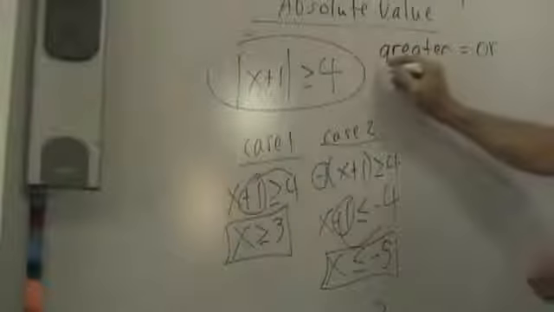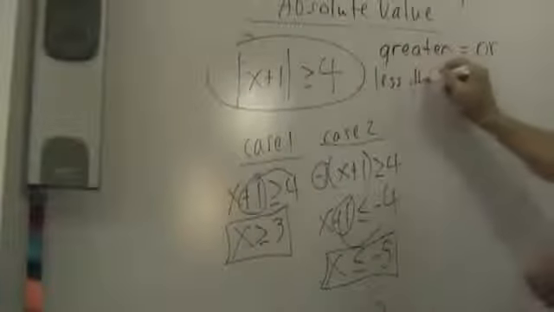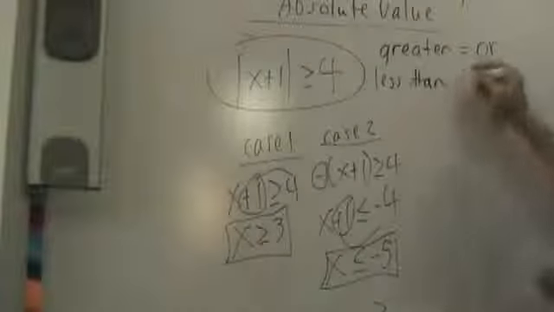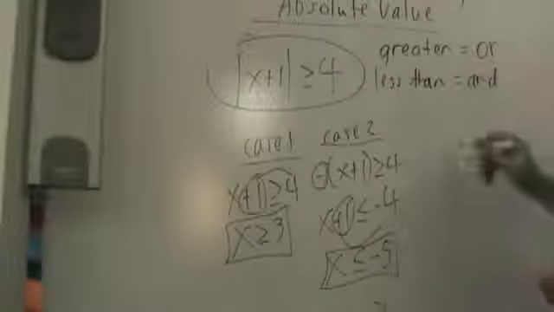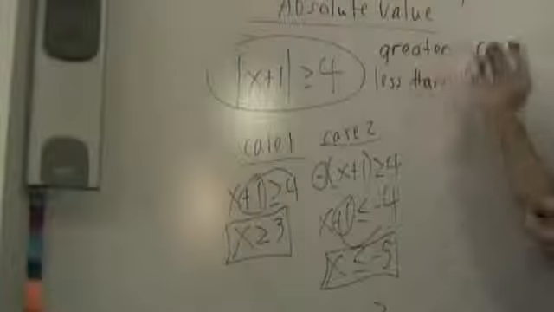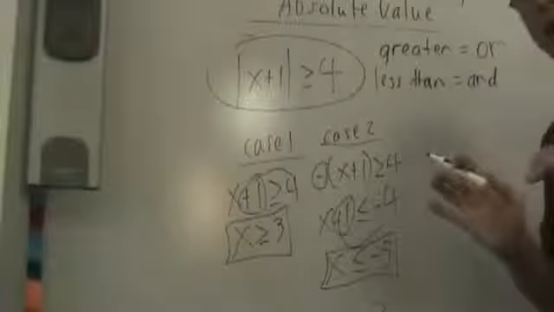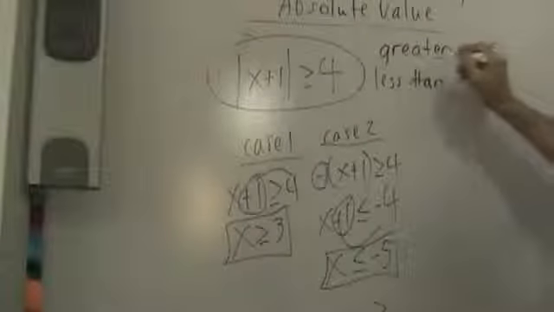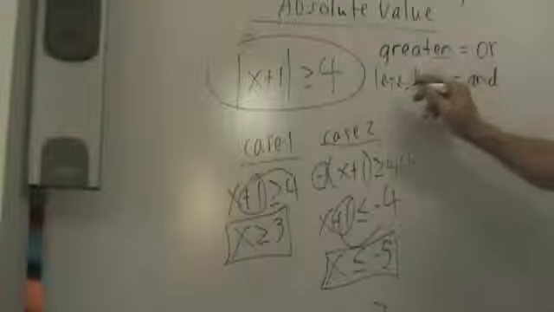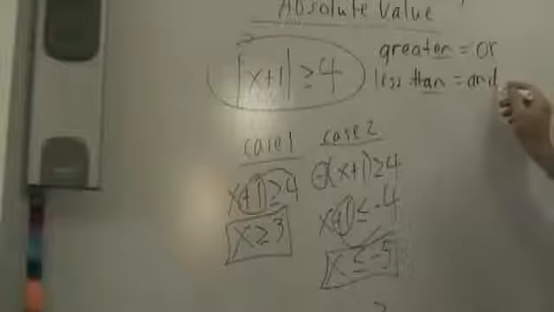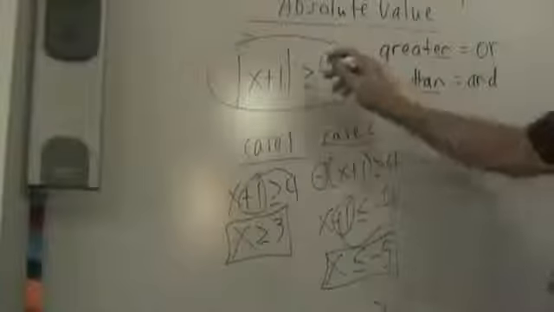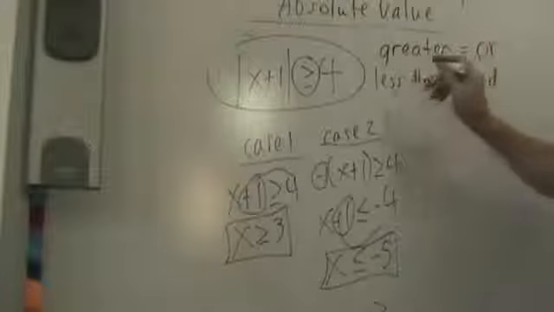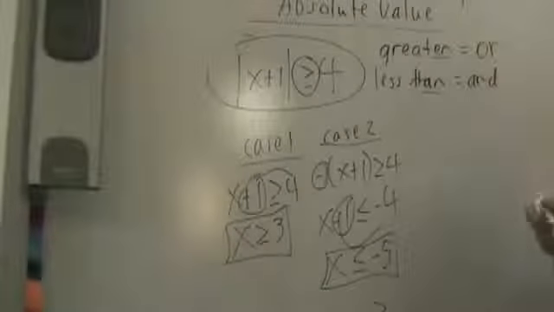If it starts off as less than, the end of it sounds almost like and. I know that this is greater than, I know there's a than, yes, I got that. But just to remind yourself, greater sounds like or, less than sounds like and. So if your original problem starts off as greater, it's going to be or. If it starts off as less than, it's going to be and.